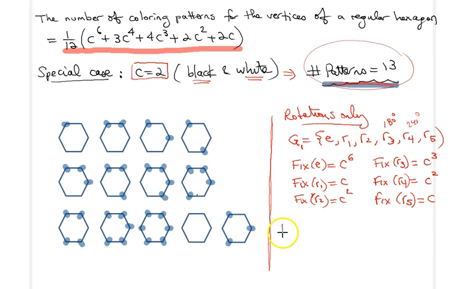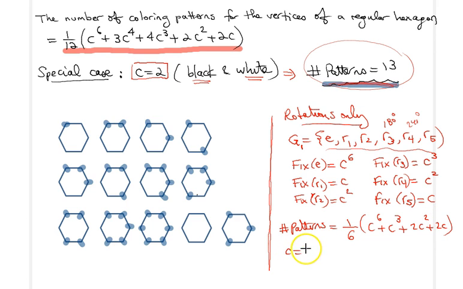Now we can go ahead and find the number of patterns. Coloring patterns is simply equal to, instead of 1 over 12, now we have only 6 element groups, so 1 over 6. And then we add these things here. So we have 1c to the power 6 plus, there's no c to the 5th, c to the 4 not existing, c cubed there's only 1, and then c squared we have 2c squared, and then we have 2c.